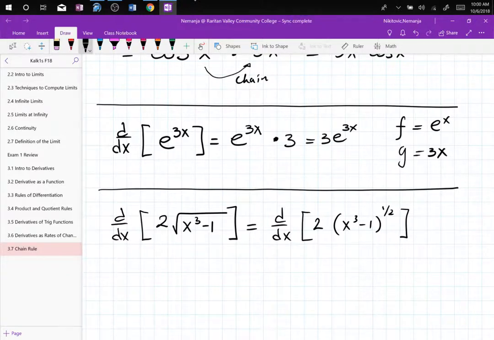The trick, as you can see over here, is always that whatever is inside, whether it's single, like 3x, or multiple terms, like x cubed minus 1, is to group all of that together on a pile, and you immediately have your outer function, which is 2x to the 1/2.